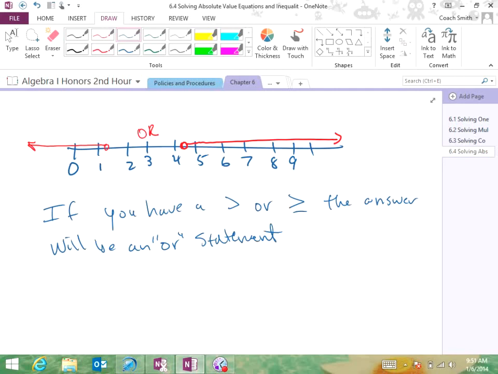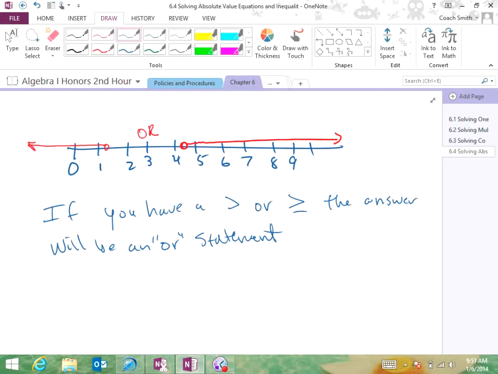In the original absolute value inequality, if it is a less than or equal to sign, it's going to be an and statement. If it is a greater than or equal to sign, it's going to be an or statement.